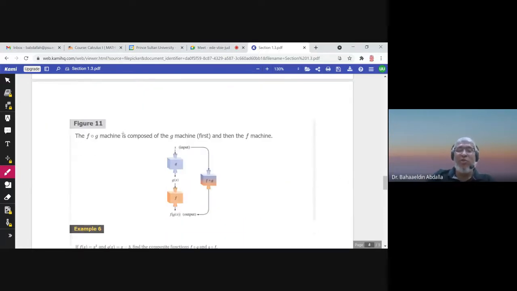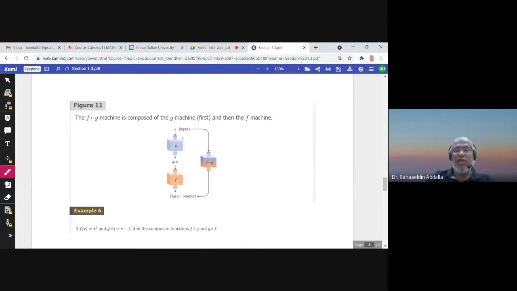So the input goes in g, then the output would be g of x, and then g of x will go inside f as the input, and the output would be f of g of x. So x will come inside f circle g, and it would be f of g of x.